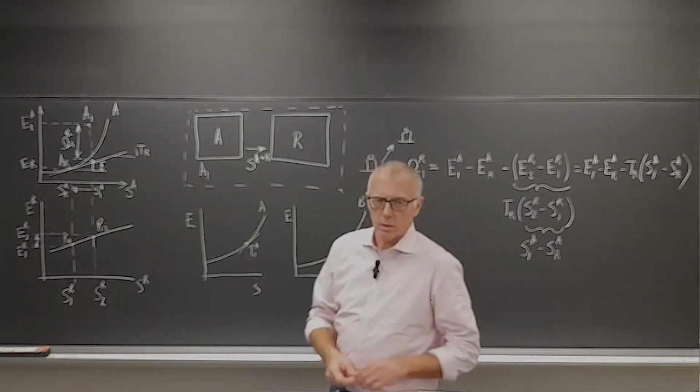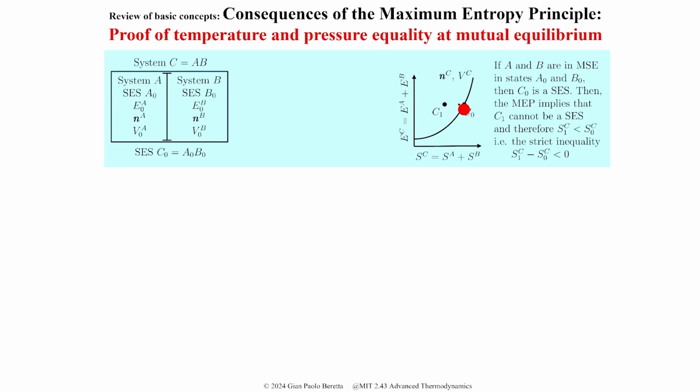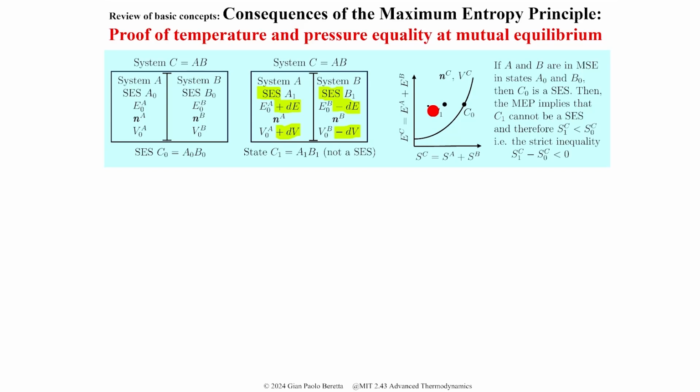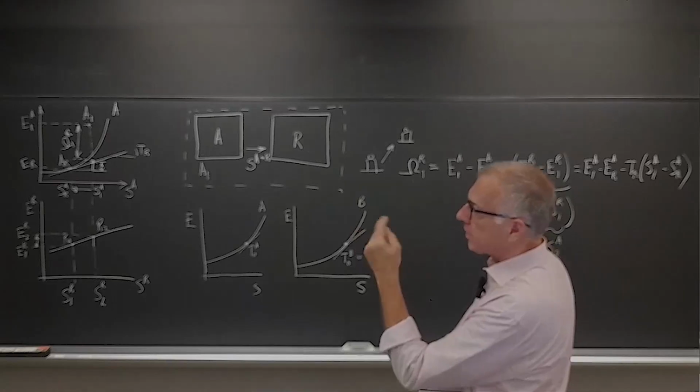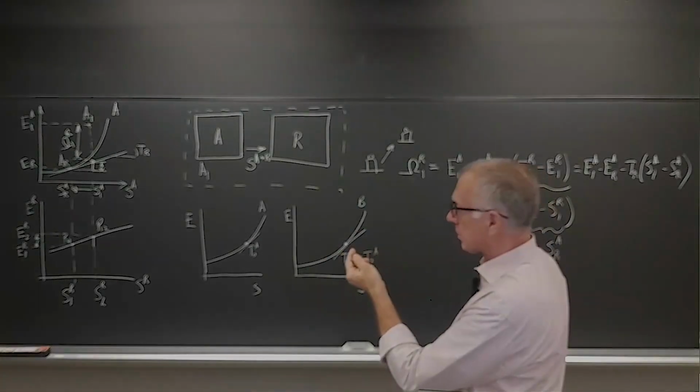Okay, so I start from them being in a stable equilibrium state, and then I consider another state, which is this one, with the same energy for the composite, but different for the parts.